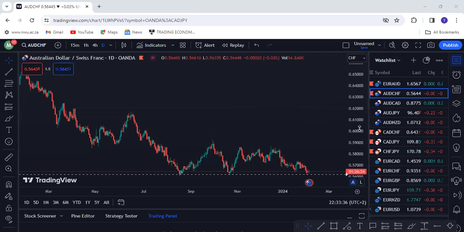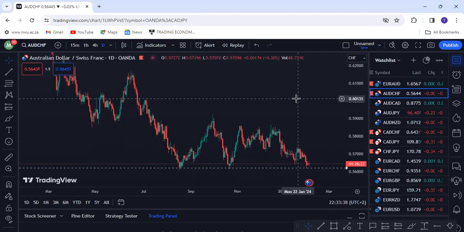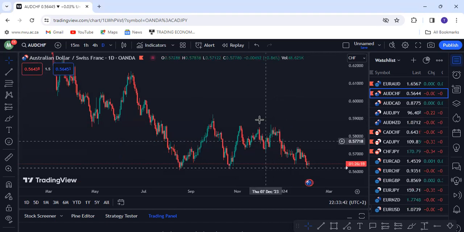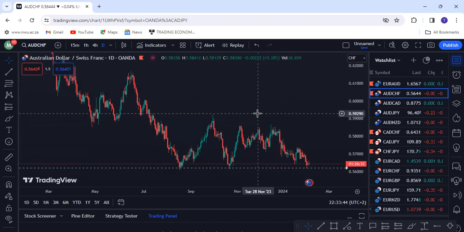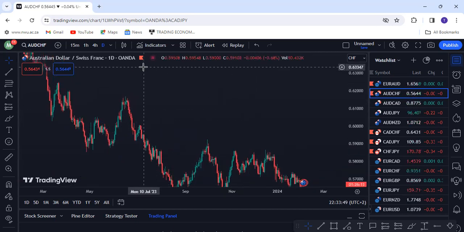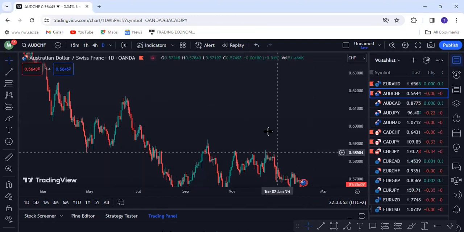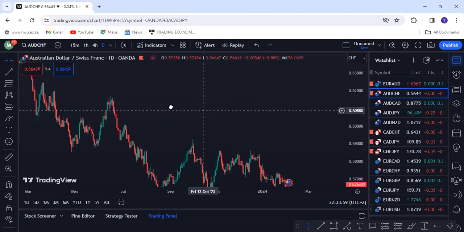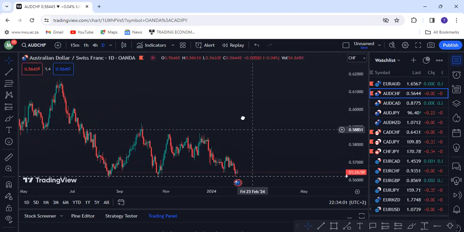Anyway, another chart that we'll be focusing on throughout the week, and hopefully it will yield fruits, is the Australian dollar Swiss franc. Remember that before we trade any currency pair, what we have to see first is a fundamental divergence.